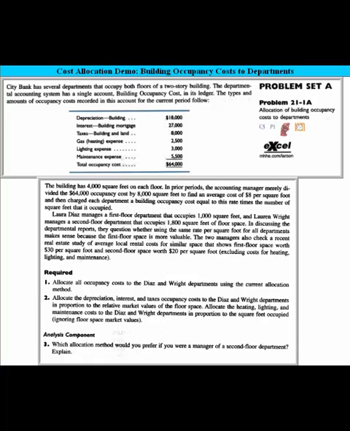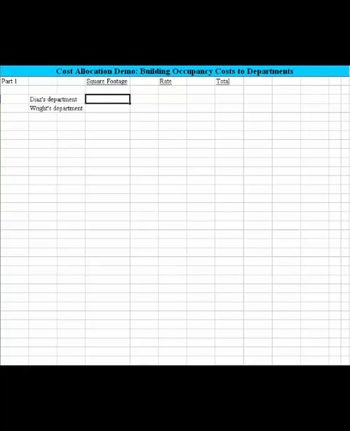Now I'm going to flip to the second page to solve that. What we know from the problem is Diaz gets 1,000 square feet. Why don't I enter it with a comma, then the formatting stays. And Wright uses 1,800. We know the rate is $8 per square foot for both, right?